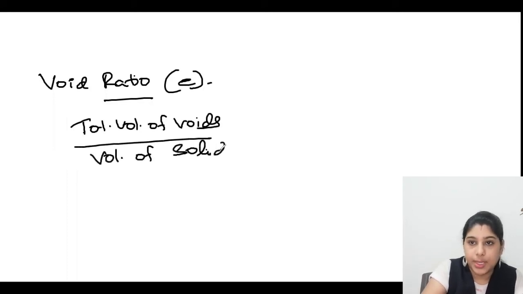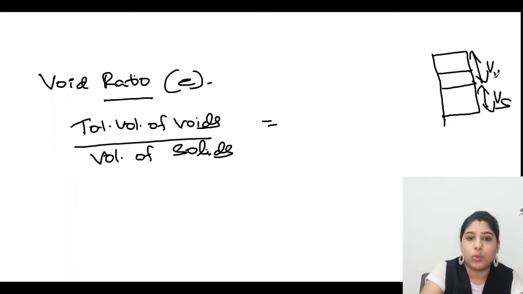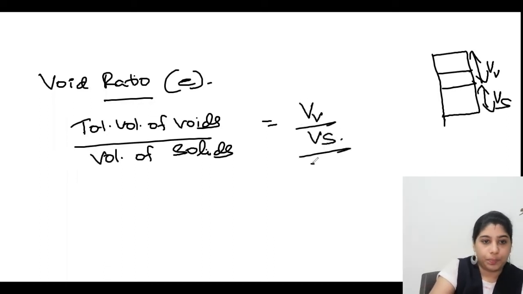Just now we studied this: together air and water compose the volume of void, and this is the volume of solid. So this ratio directly is the void ratio, that is Vv by Vs.